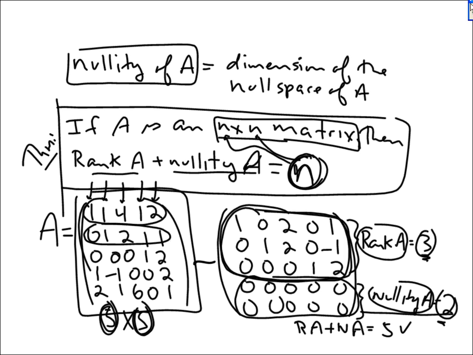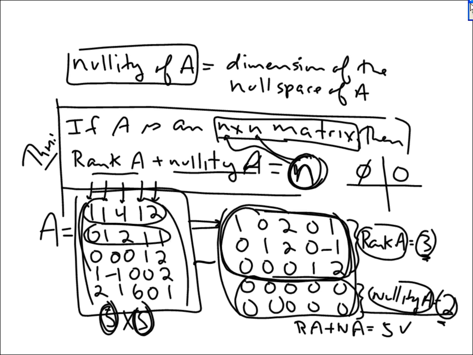Well, of course it's going to add up to the number of rows, because there is no row that is both all zeros and not all zeros. Either that row is all zeros or it's not all zeros. So basically, you run a little tally. You have not all zeros, all zeros.